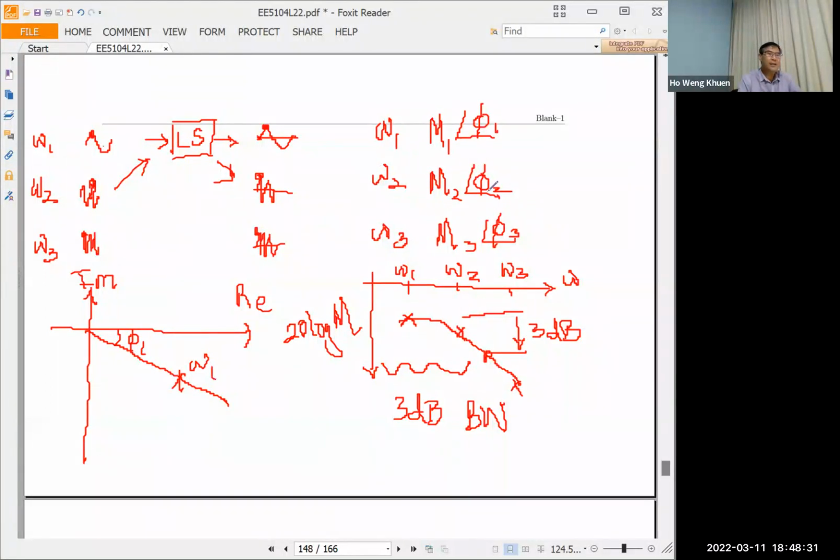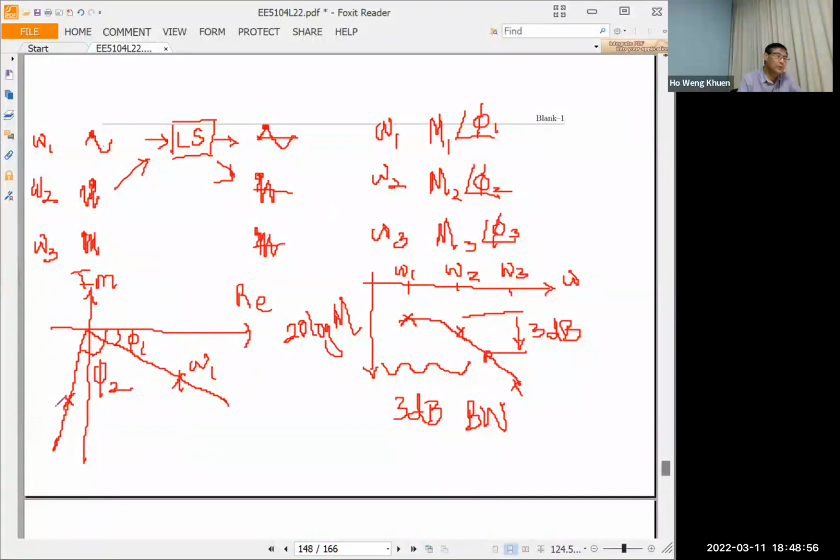Then same thing, you see phi 2, maybe this is minus 100 degrees, so you draw minus 100 degrees, and this is phi 2. Then maybe M2 is 2, so you mark off 2 cm, so maybe it's here.